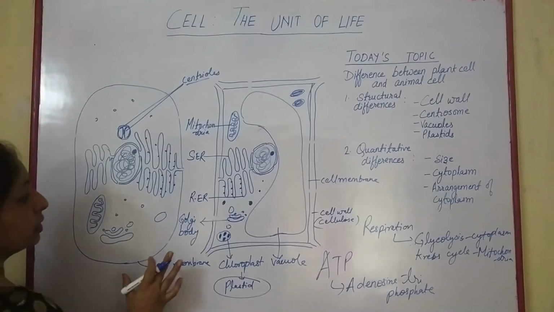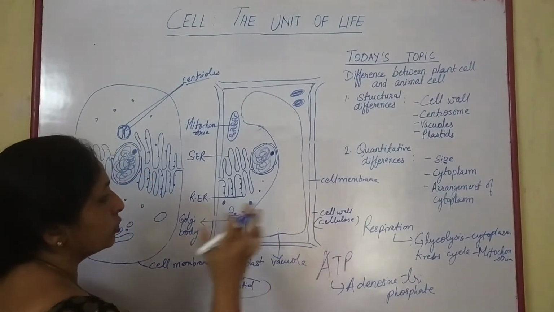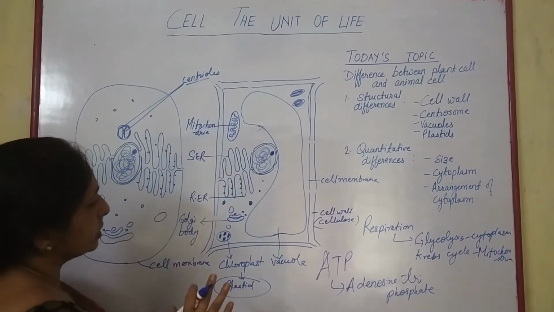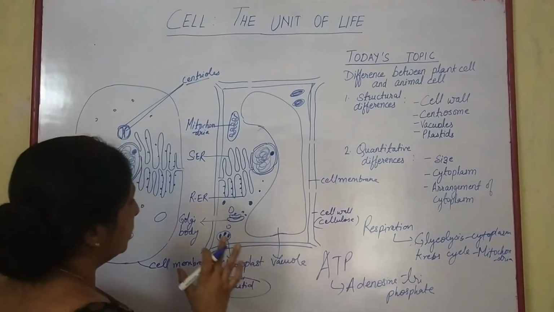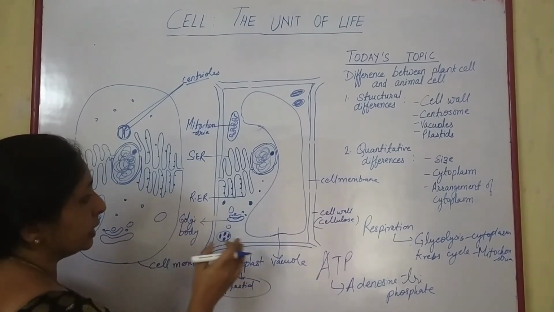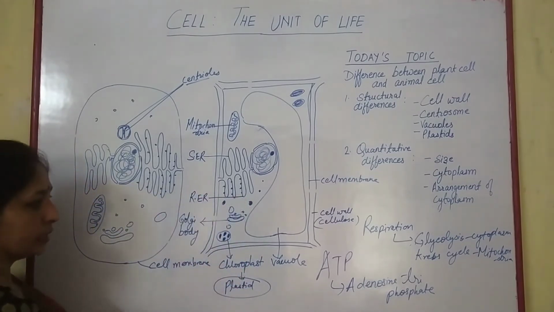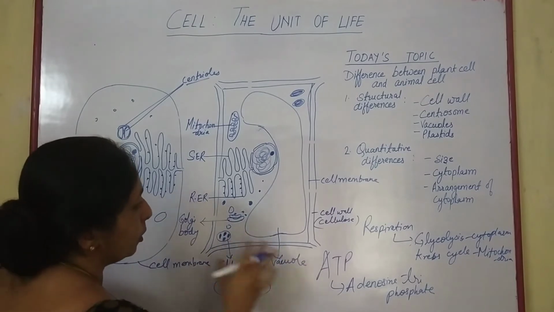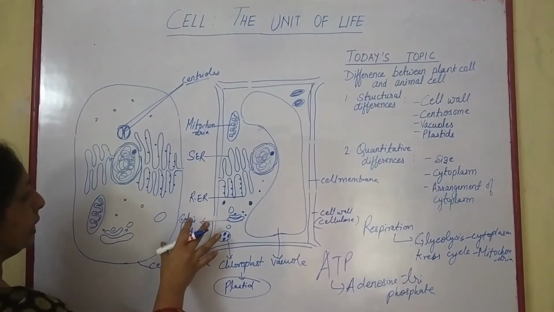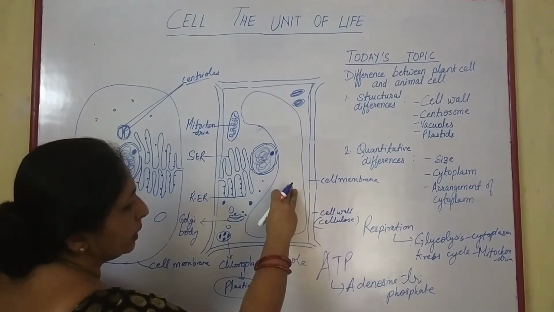Then the next is the quantitative difference. Quantitative difference is based on size. Size of the cell: I have drawn almost the same size, but you must remember this. The size of the animal cell is comparatively smaller than the plant cell. Cytoplasm: the amount of cytoplasm, a major portion is occupied by the vacuole.